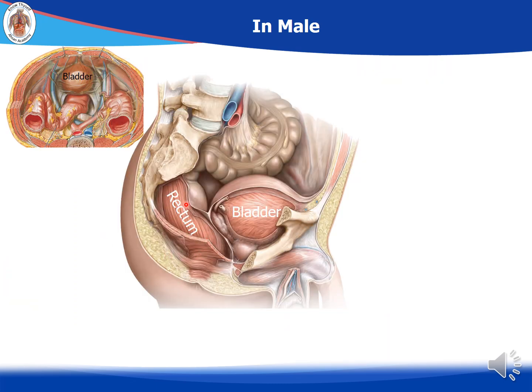Now you can see this is the rectum from the side. Already we have seen this in the last slide. From the rectum you can see this peritoneum is going to the bladder. So how is it going? The upper third of the rectum is covered by peritoneum on anterior aspects and sides, but in the middle third only the anterior surface is covered, and from the anterior surface it is going over this seminal vesicle.